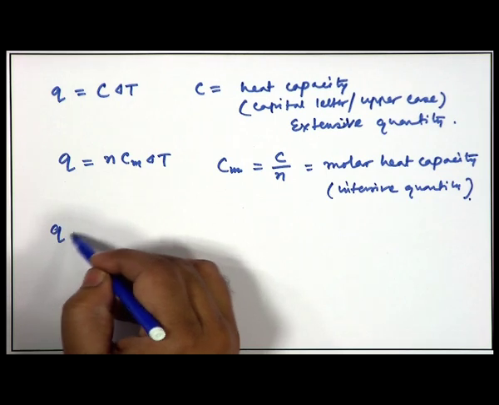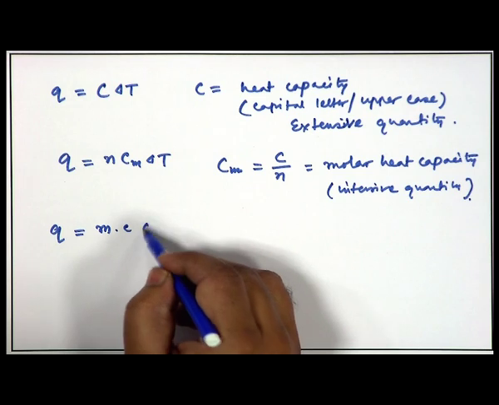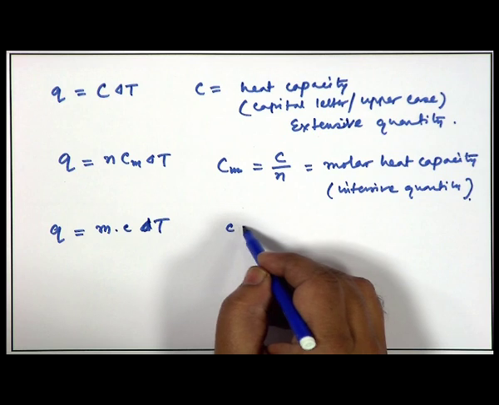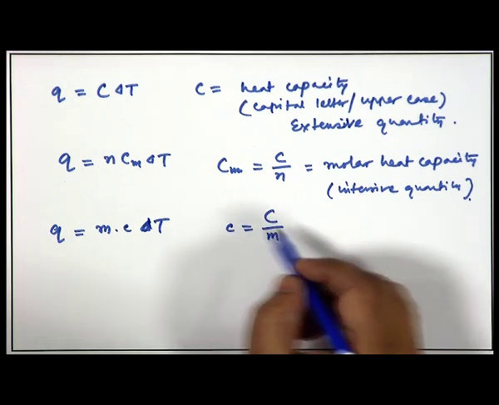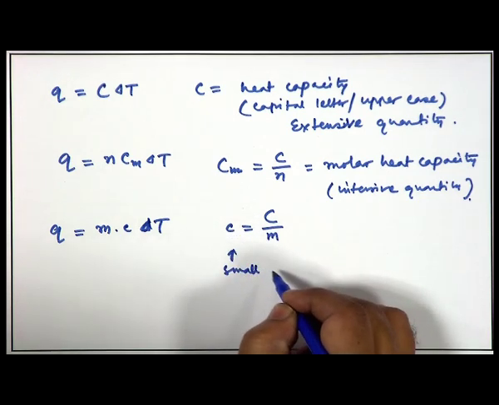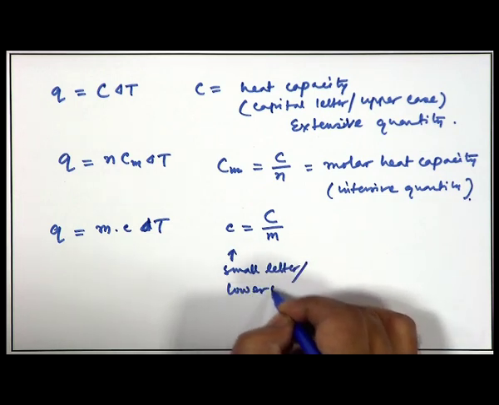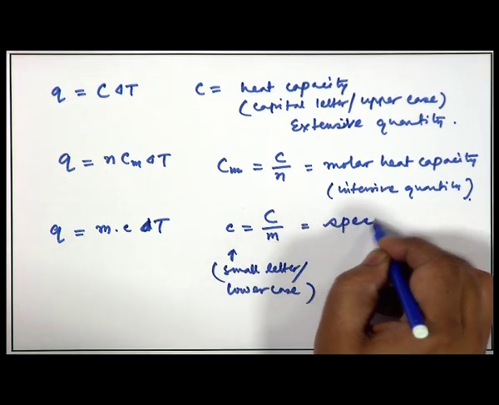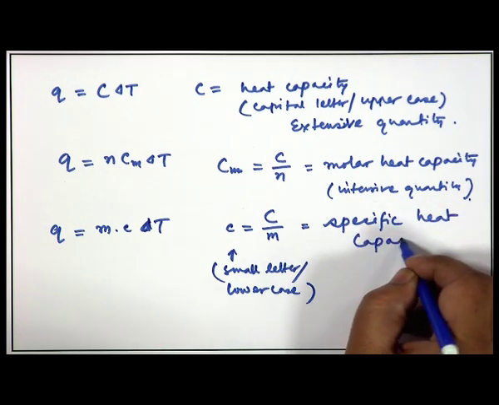We can also express it in terms of mass and small c, where c is capital C divided by m, where m is mass. In this case, remember, c is a small or lowercase letter, and we call this the specific heat capacity.